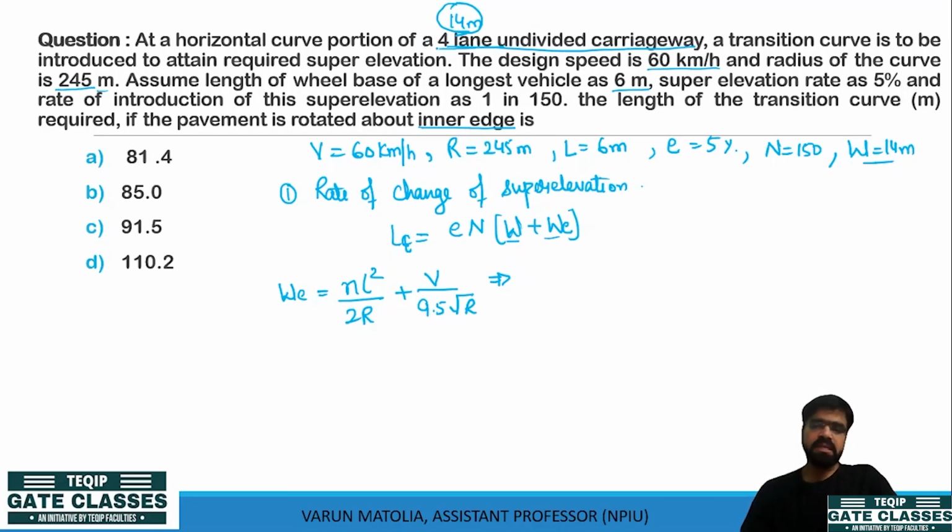Here it is clearly written that it is 4 lane, so we will put the value of n as 4, length of wheelbase as 6, radius as 245. Then the psychological extra widening, we need velocity in kilometers per hour, divided by 9.5 root R, that is 245. Let us calculate this value.